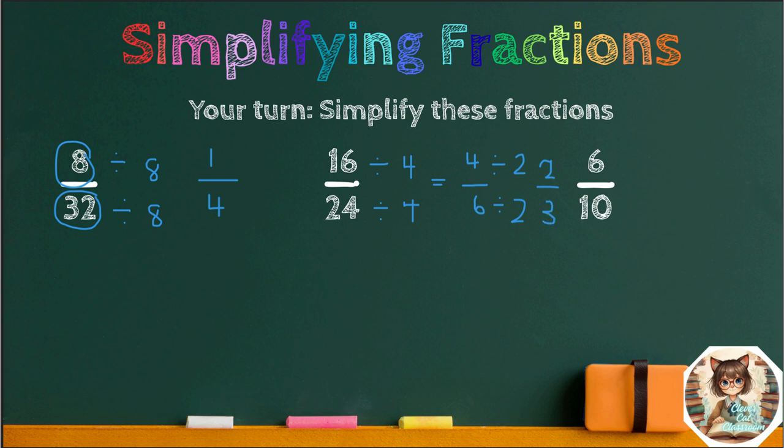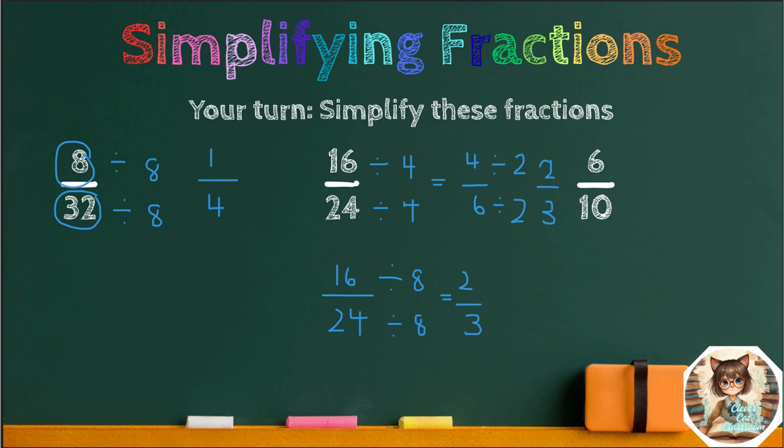Now that brings me back to a question that I have. I wonder if I used the highest common factor. I don't think I did. I chose 4, but I could choose 8. If I chose 8 and divided it by 8, I would get 16 divided by 8 equals 2, and 24 divided by 8 is 3.